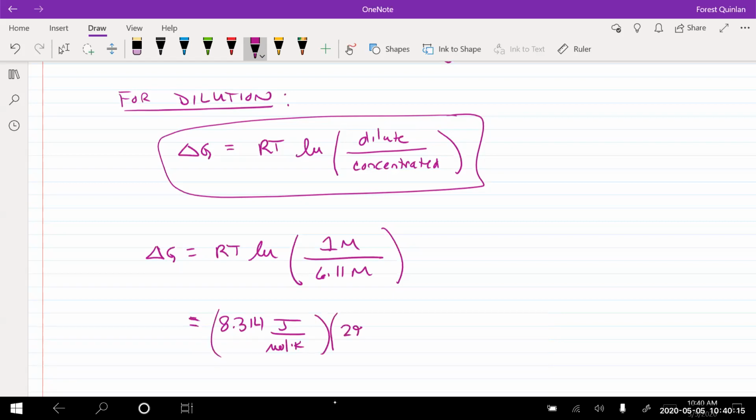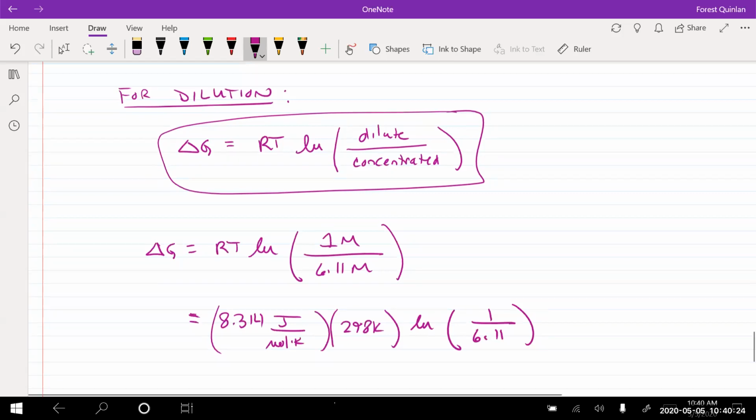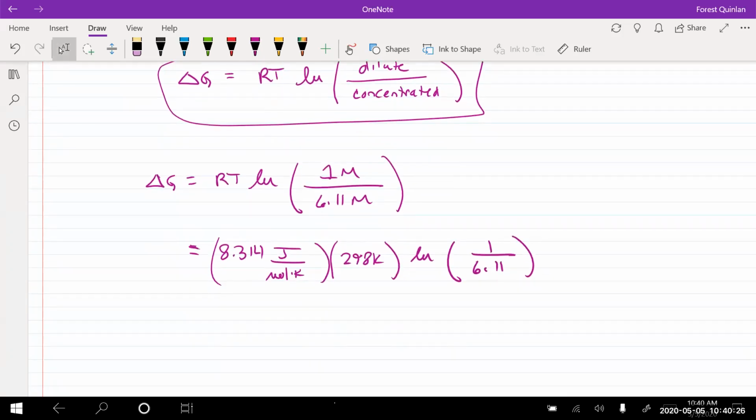I'm going to go ahead and just choose 298 Kelvin just because we're at room temperature. Natural log of 1 over 6.11. We don't need the units because natural logs won't have any units. And if you do that, you get negative 4.484 joules per mole.